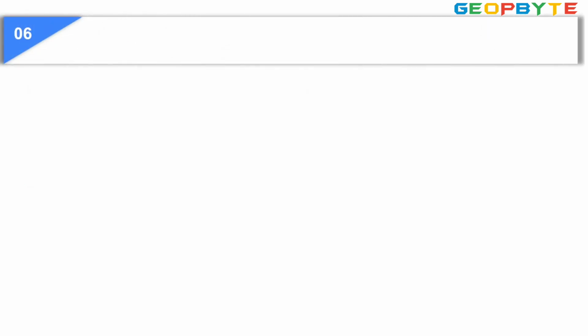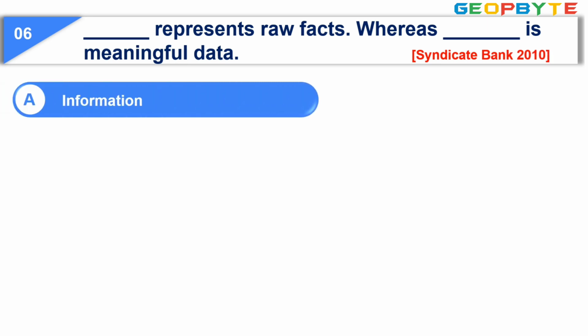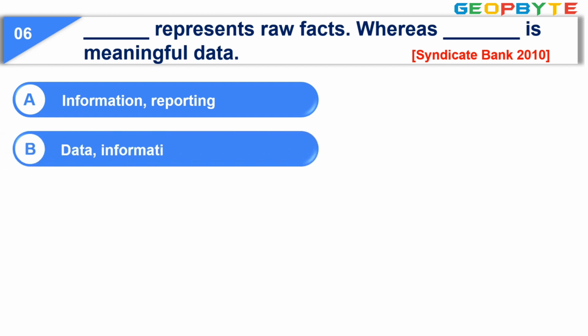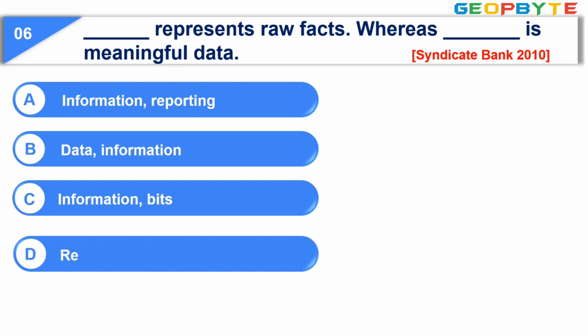Next, moving to question number 6. Dash represents raw facts, whereas dash is meaningful data. Option A, information, reporting. Option B, data, information. Option C, information, bits.